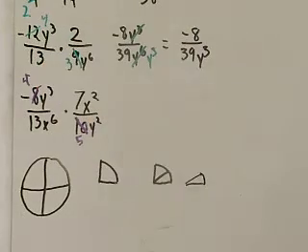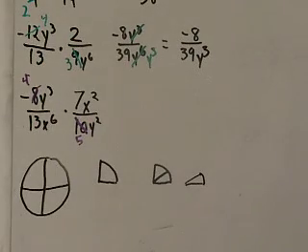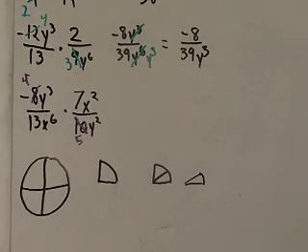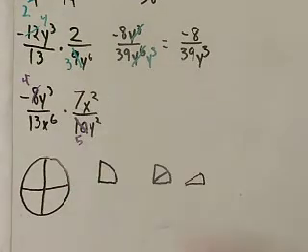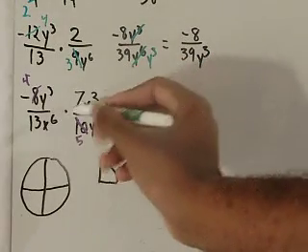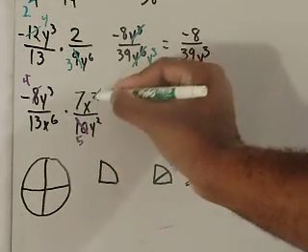Okay. How about these exponents? Let's just do one exponent and then we'll do the other one. So x to the 6 in the bottom, x squared in the top. X to the 6 is bigger, so the result's going to be in the denominator over here. So x to the 6 minus x squared, 6 minus 2, that gives you 4.